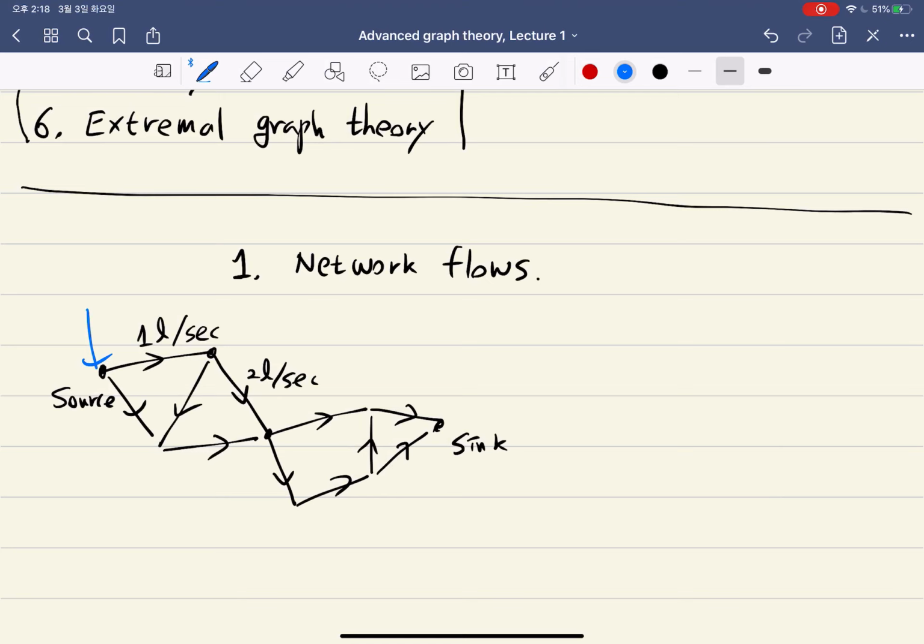What we are curious about is how much water is flowing from this source to the sink. It depends on what this water pipe network looks like. For some networks, you can flow lots of water, but for some you cannot flow that much.